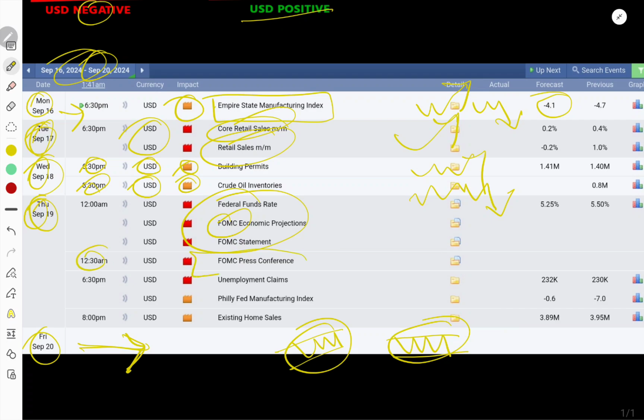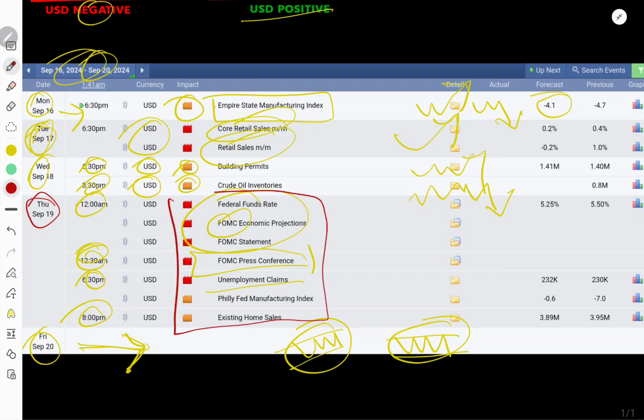And on Thursday we have a lot of news like FOMC major news, and as you can see there is the FOMC press conference, and we have unemployment claims. There are 4 news times, so we have to be alert about that news. This day, September 19, is the major day for this week, and the market will move a lot on this day.